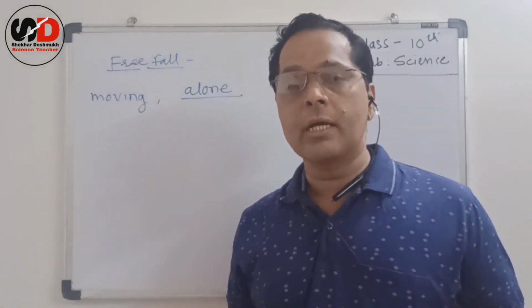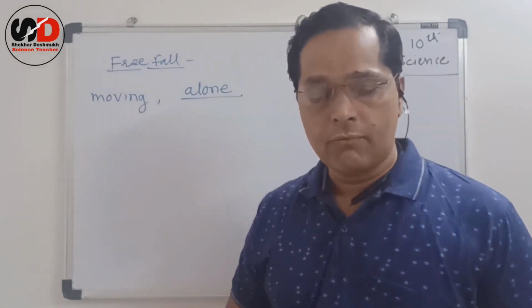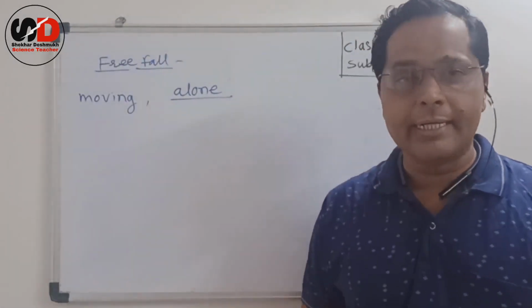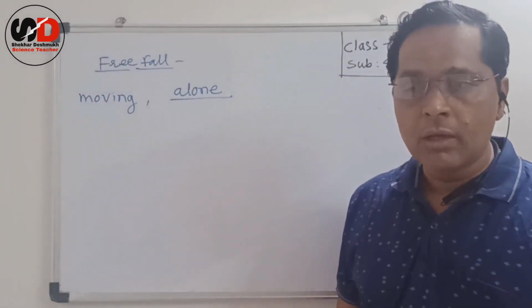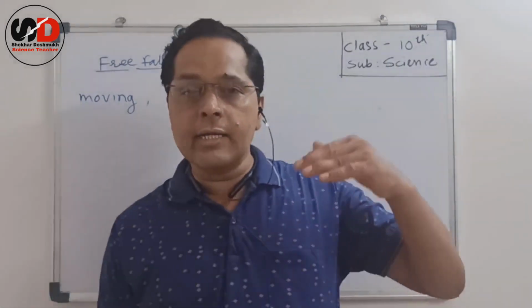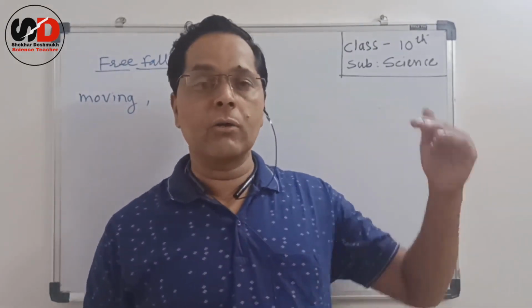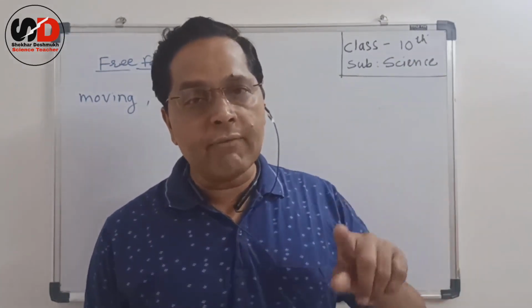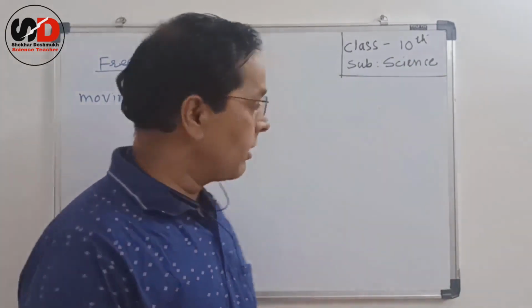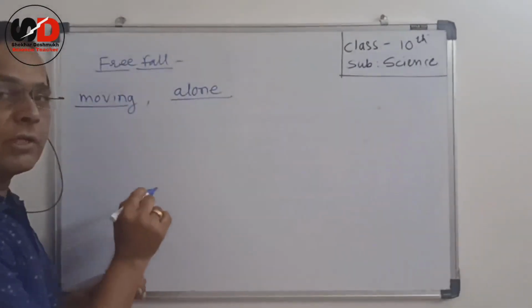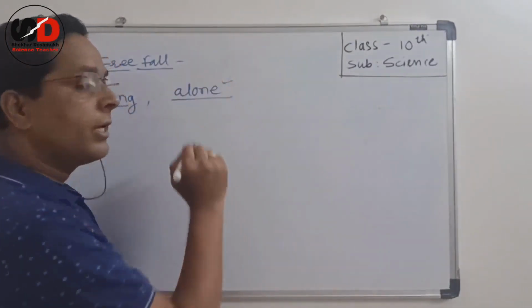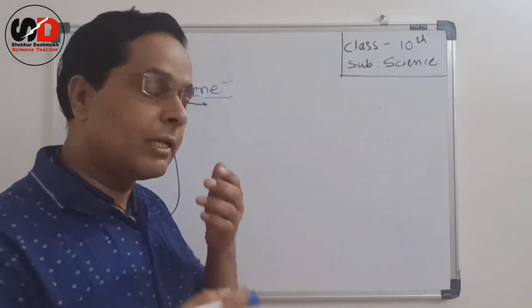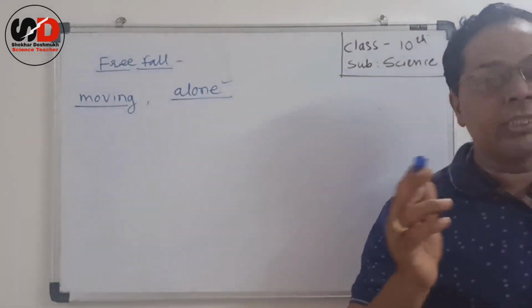But think about a satellite, whether an artificial satellite or a natural satellite like the moon. The moon also moves, and an artificial satellite moves around the earth. It revolves around the earth under the influence of gravitational force alone. Moving under the influence of gravitational force alone, it is said to be in free fall, if there are no other forces acting on it.